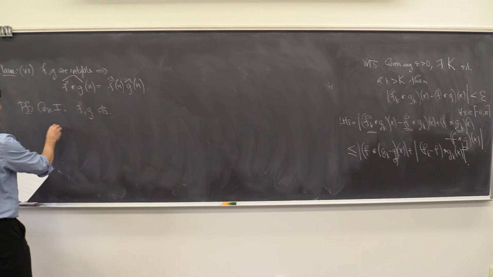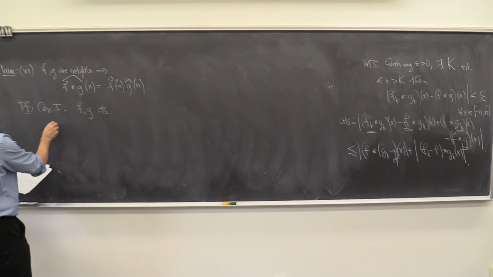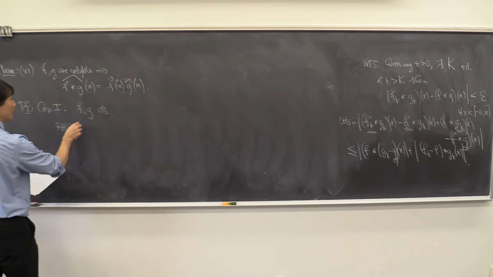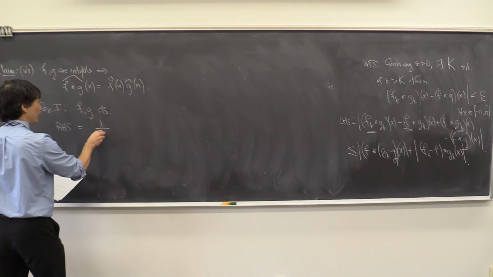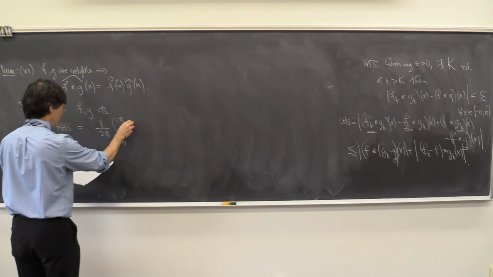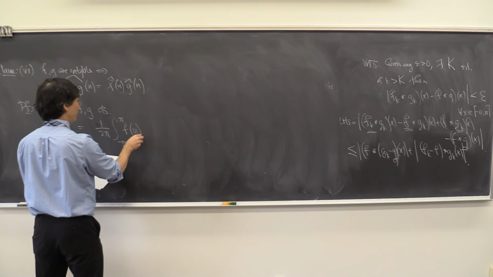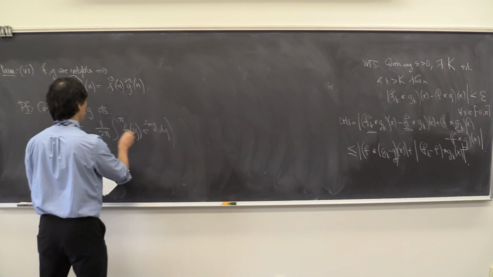Then you just write it out. I'll write it backwards. I'm going to start with the right-hand side rather than the left-hand side. So we get the Fourier coefficient of f: 1 over 2 pi, the integral of f of y e to the negative i n y dy.